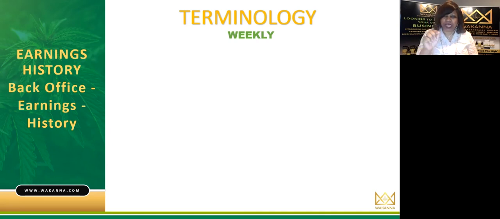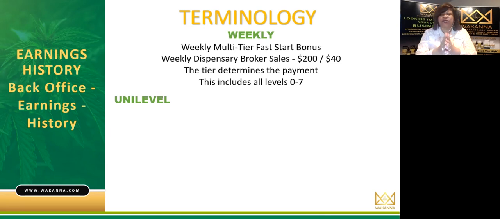One says weekly and one says Unilevel. Now, the weekly tab is related to all of those broker sales. Remember I talked about 240? Every time you sell a crown jewel, you make $200. Every time you sell a millennial or stimulus, you make $40.